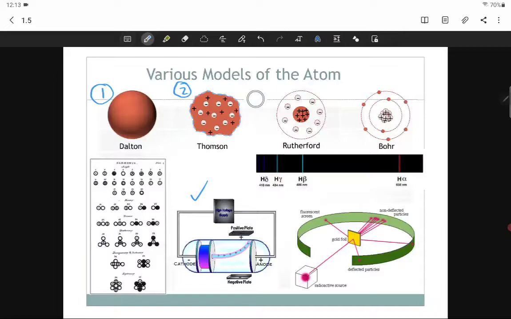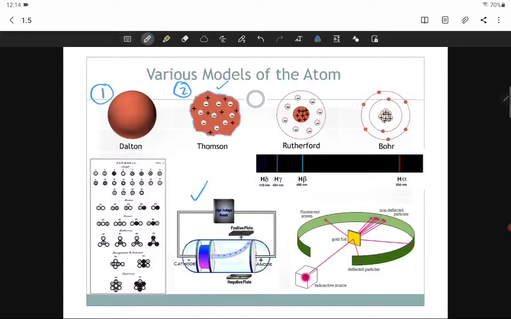And if there's electrons, negatively charged electrons, there better be positive charge. He didn't explain the positive charge other than it's there, but it's a solid mass, and that's a very primitive model of the atom.